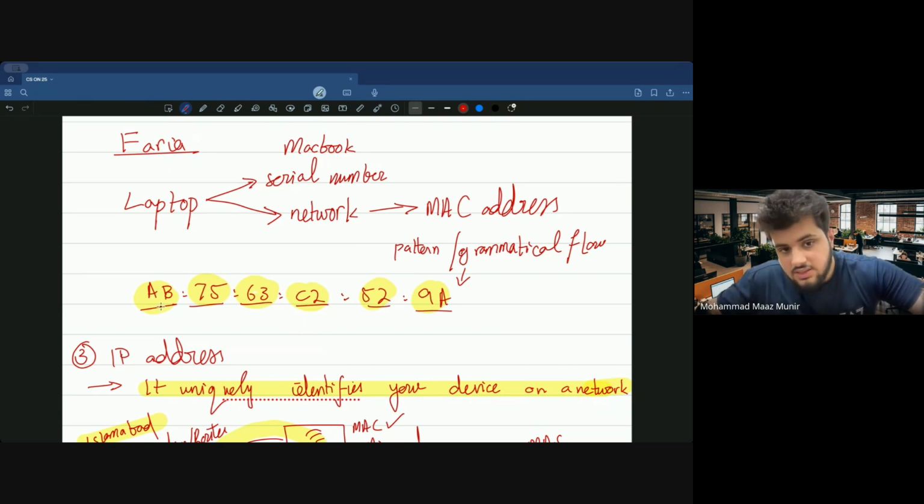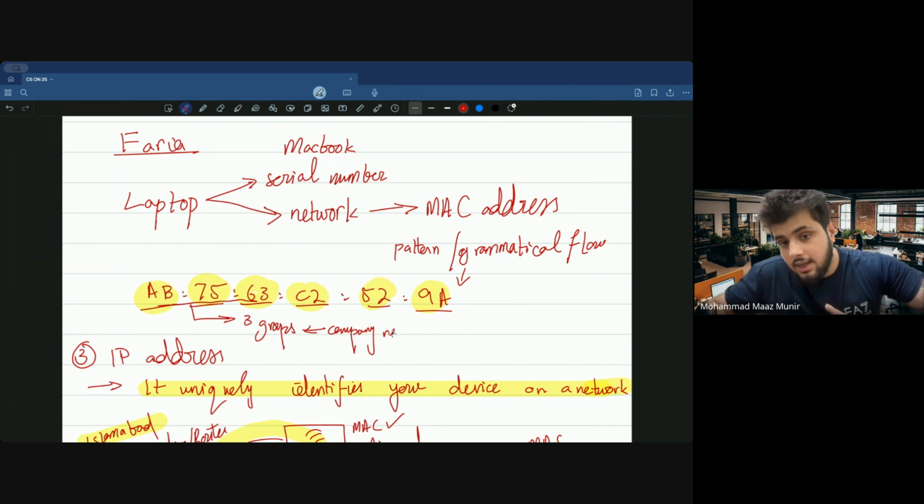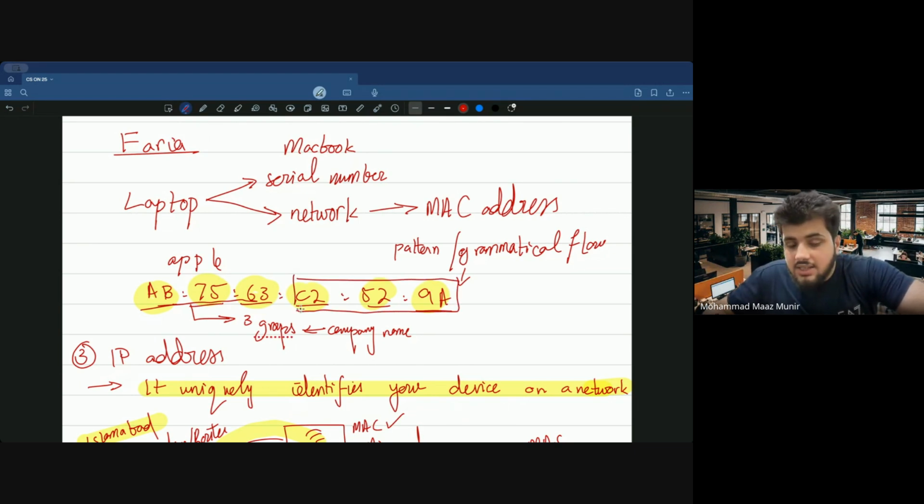The thing is, the first three groups, now this is extra information, guys, do know this is extra information, refer to the company name. Let's say Apple in this case, because she got a MacBook, the first three, AB7563, will mean Apple. And then the last three, C27298, are going to be your device number.